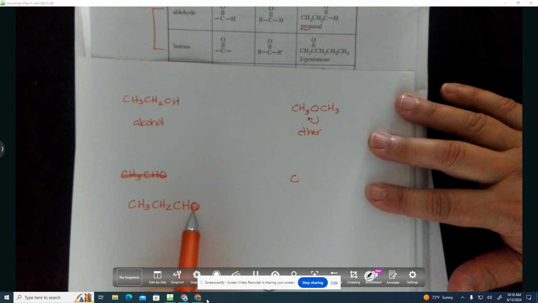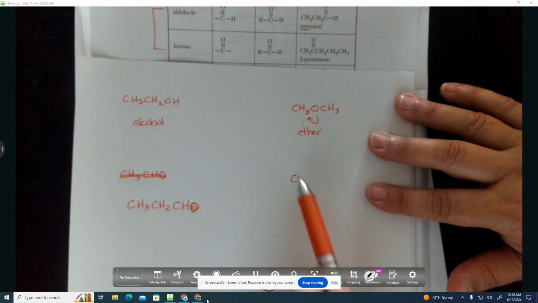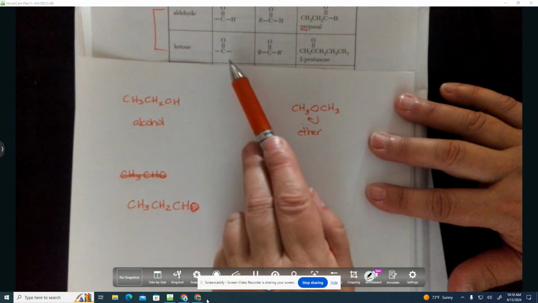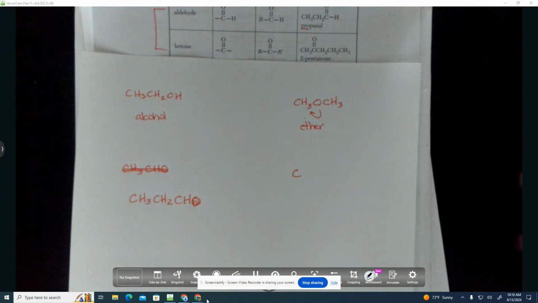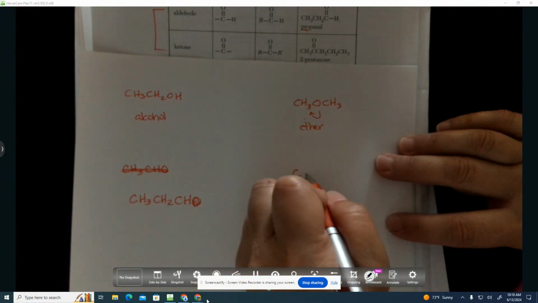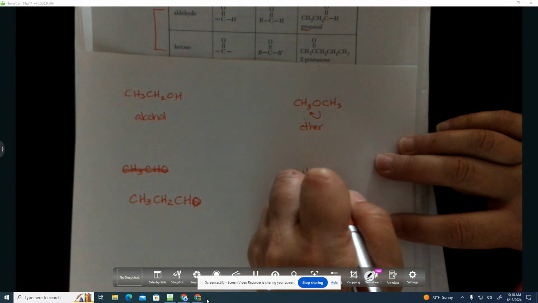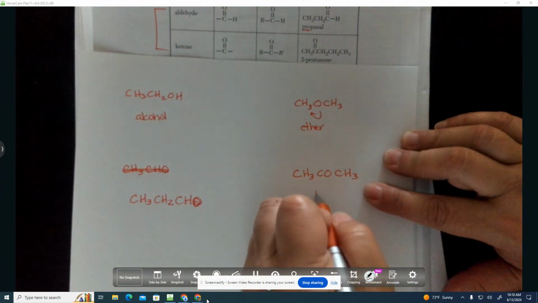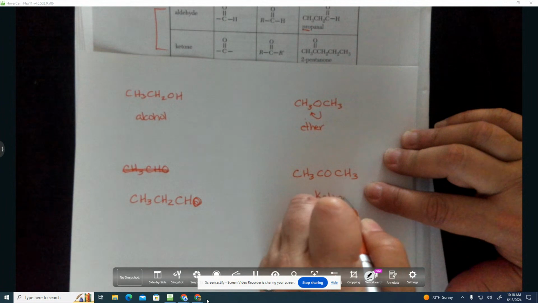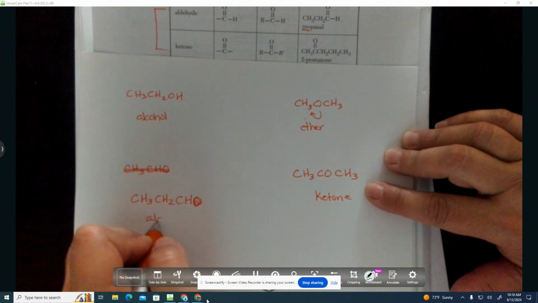You see how that's still on the end? I couldn't make a ketone with the double bonded O on the end when there's only 2 carbons. There's no end. There's no middle. Okay, so I had to make it 3. So CH3, CO, CH3. That's going to be your ketone. This is going to be your aldehyde.